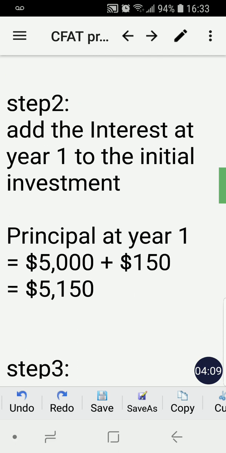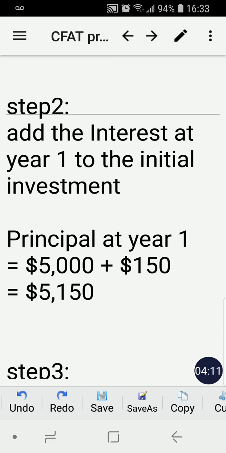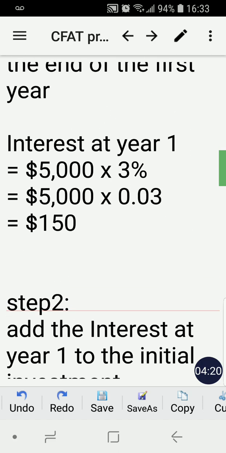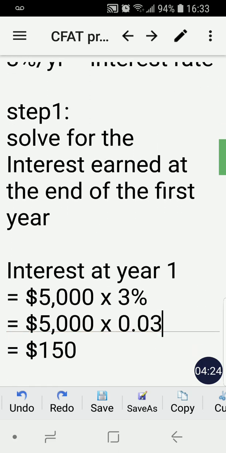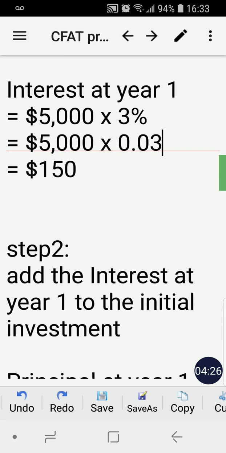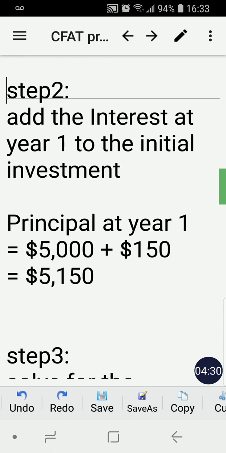Step number 2 is to add the interest that we just calculated to the initial investment. We have the initial investment of 5,000, then we add the interest, 150, and so we get 5,150, which is the principal at the end of year 1.